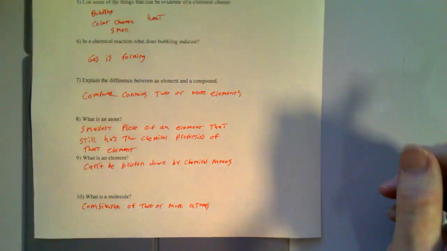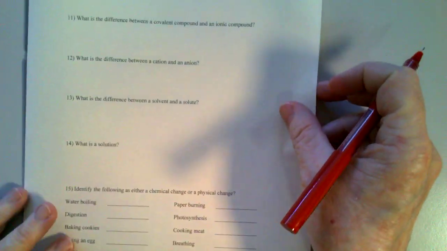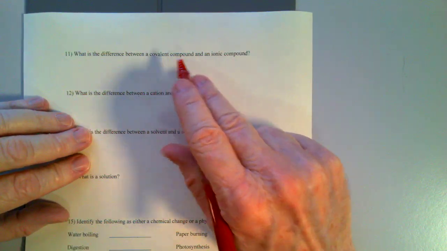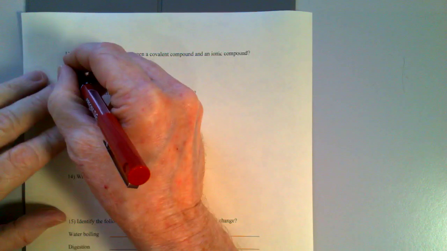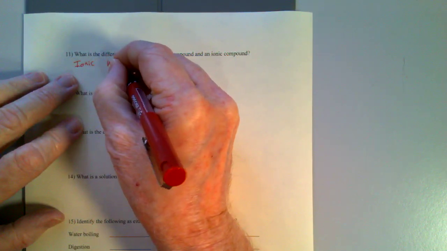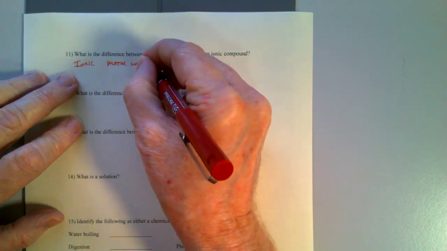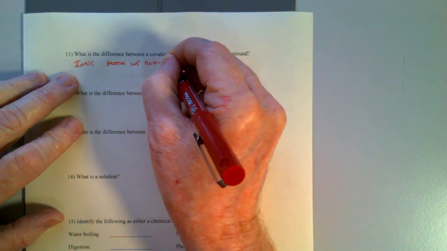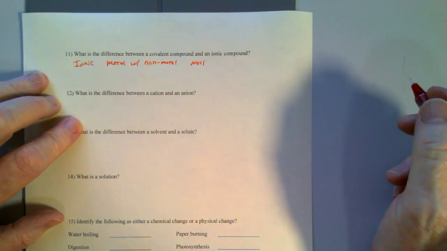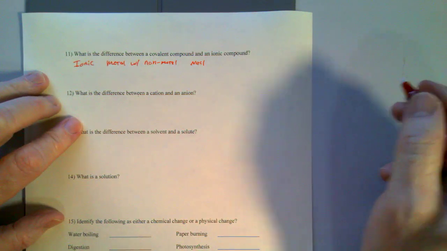All right, going on now to the second page. What's the difference between a covalent compound and an ionic compound? In an ionic, you have metal with nonmetal, which would be something like sodium chloride. They're attracted through positive and negative charges.